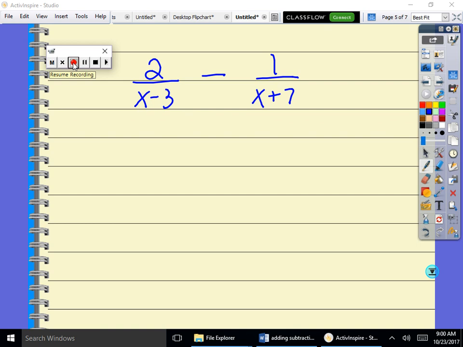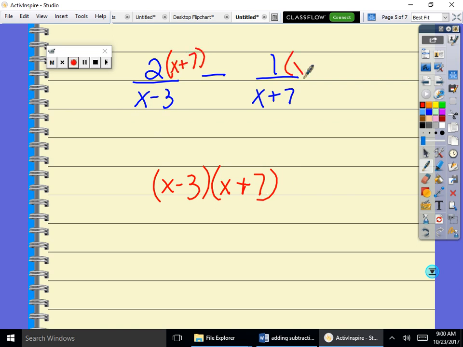All right, I'm starting to hear some talking, so it sounds like we're ready. What's my common denominator? It's the x minus 3, x plus 7. So we're going to just trade. This gets an x plus 7. This gets an x minus 3. 2 times x, 2 times 7.